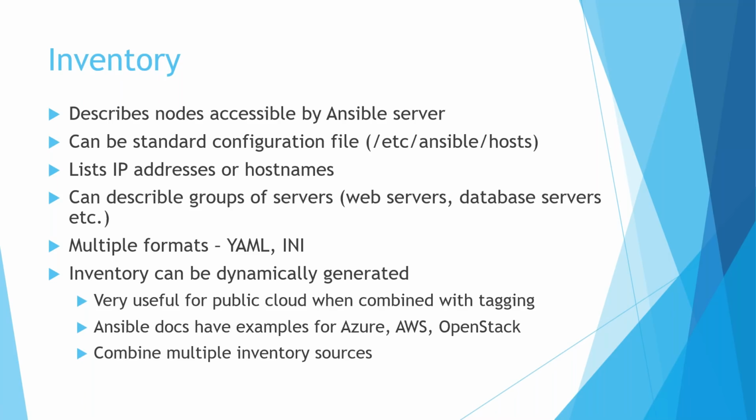And this can be host names or IP addresses, and you can break them up even within your list into different categories that make sense for you and your environment. So you might have your web servers, your database servers, and so forth.